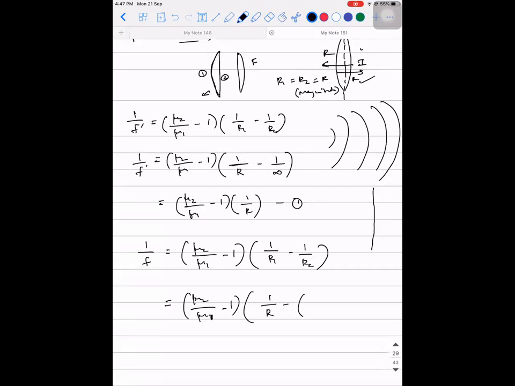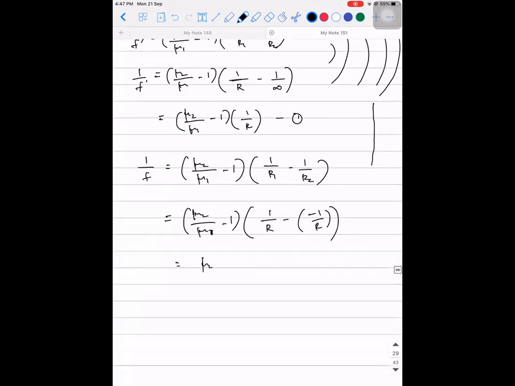Minus, in the place of r2 from this diagram, what should I write? Minus r. It is minus 1 by r, because it is on the left hand side, no? So this will be mu2 by mu1 minus 1 into 2 divided by r. Let this be equation number 2.